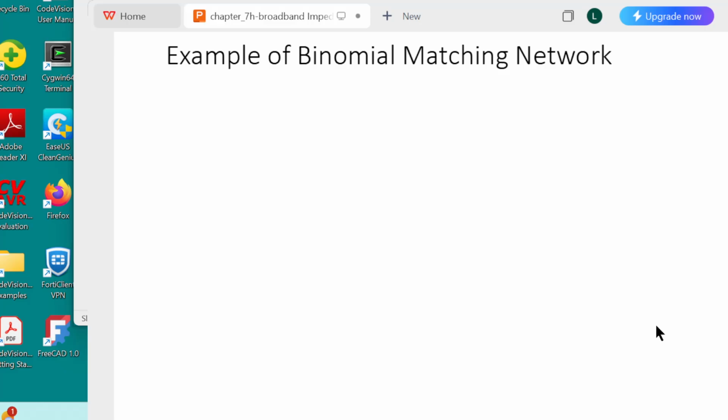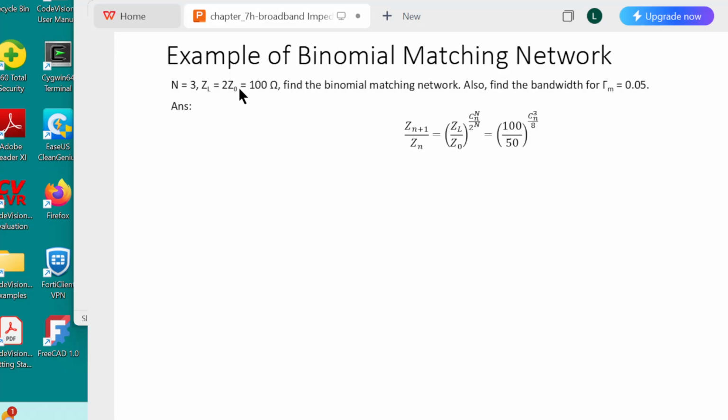Okay, let's take a look at an example. Suppose you are going to match a network, 50 and 100. The load is 100 ohm.